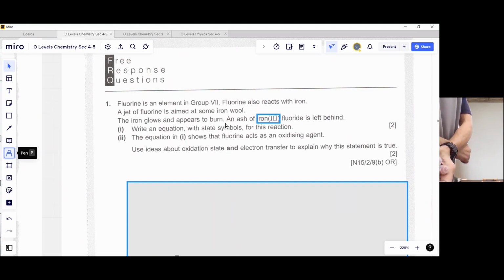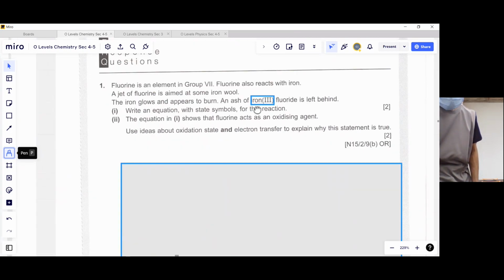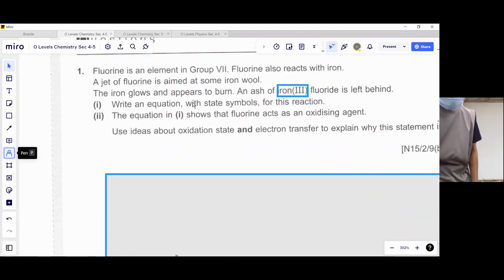For the second page, they want the state symbols too. So you need to figure out the states of reactants and products. They have some clues for you.